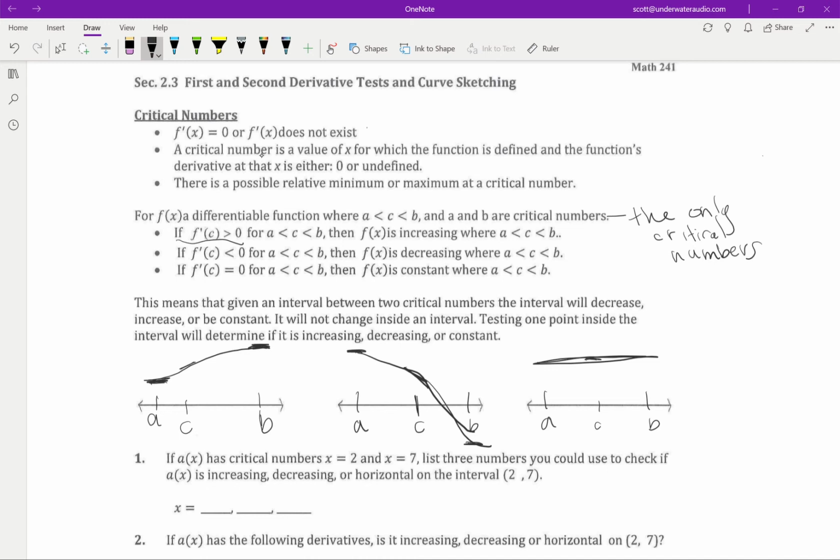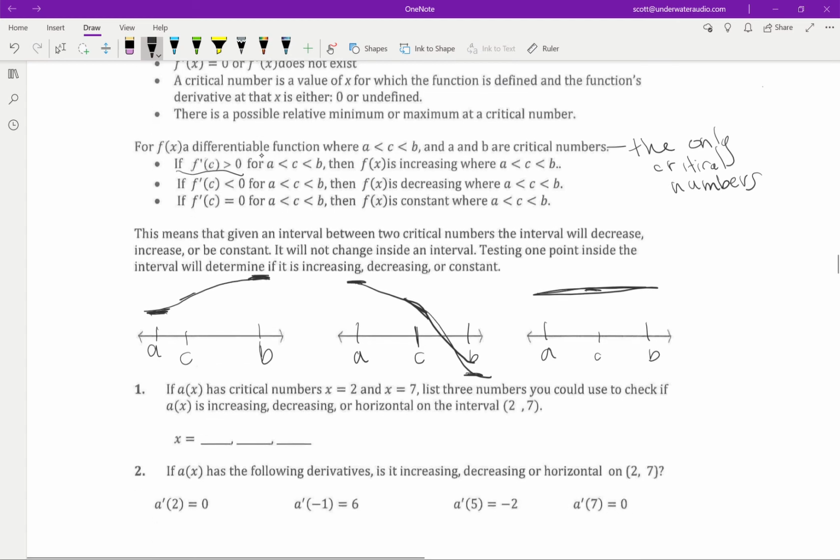Second thing, if you take the derivative, you plug in c and it's less than 0 for just some c, any c you can pick in between a and b, then it has to be the case that the function is decreasing the whole time in between a and b. And then if you take a point in between a and b and you plug it into the derivative, and you get that the derivative is 0 at that point, then it has to be that it's constant between a and b.